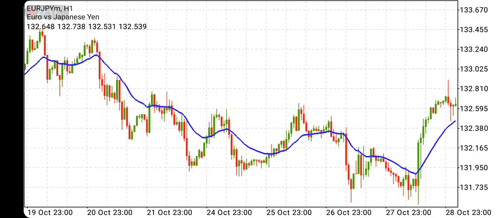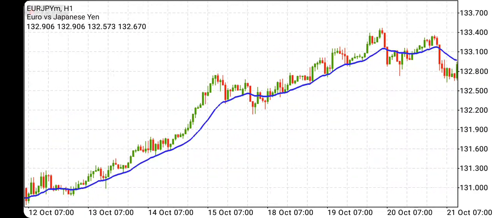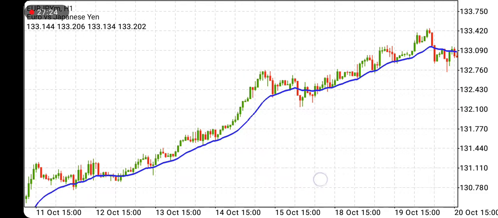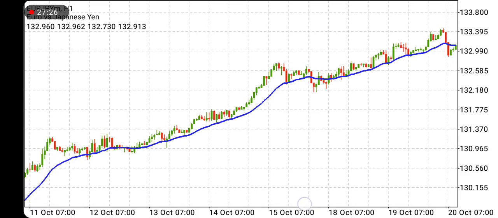I spoke about a downtrend, so let me look for an uptrend. And I spoke about the ranging too. Alright, so this is an uptrend.